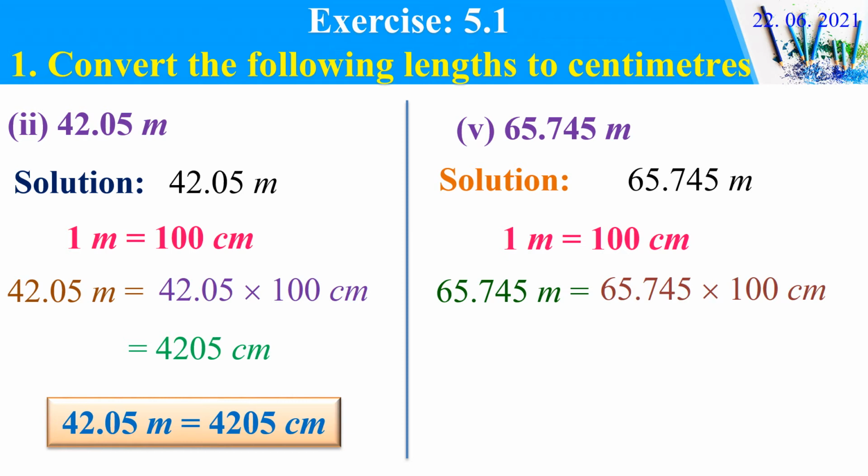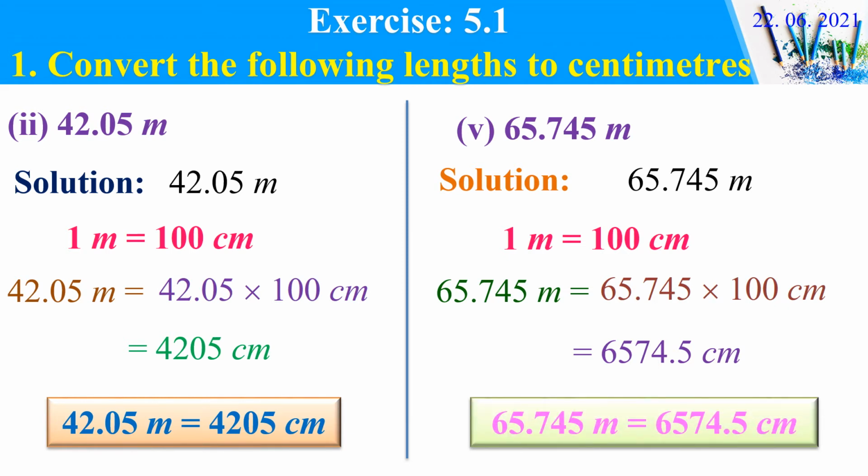Here we have 2 zeros in 100, so we have to move the decimal point 2 steps to the right side. This we have studied in the multiplication of decimal numbers itself. So we get 6574.5 centimeter. Therefore, 65.745 meter is equal to 6574.5 centimeter.